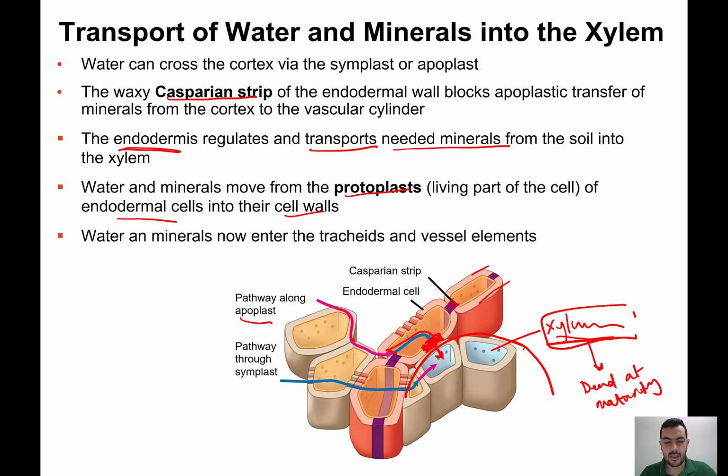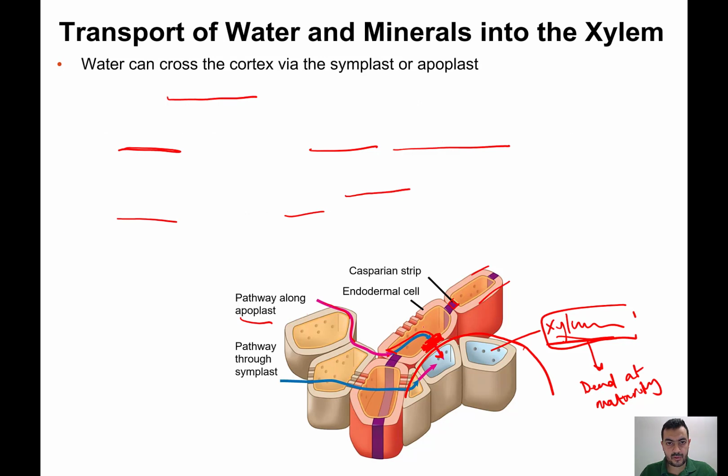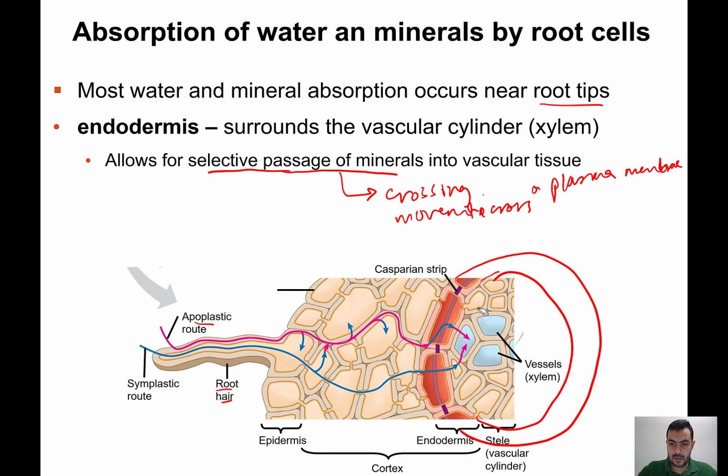So going back to the previous slide and adding the information we have learned, we can see that there are apoplastic and symplastic routes. The minerals and water can follow the apoplastic route through the cortex until they reach the endodermis.